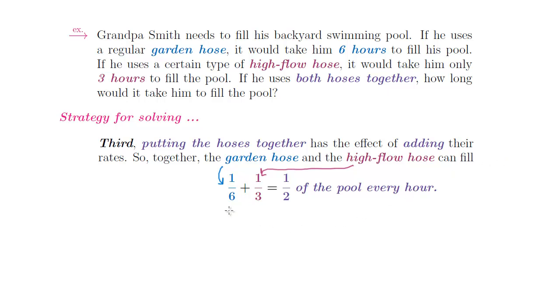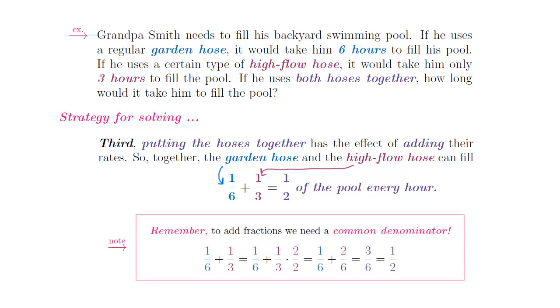So in 1 hour, 1/6 of the pool is filled by the garden hose, while 1/3 of the pool is being filled by the high flow hose. If you add these two fractions, that means that 1/2 of the pool is filled every hour when these two hoses work together.